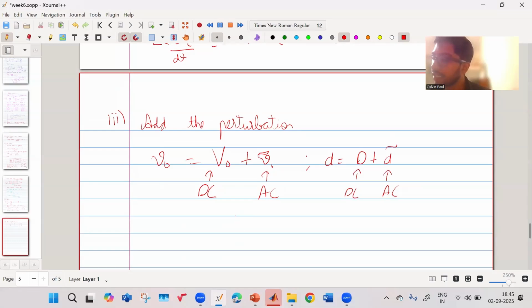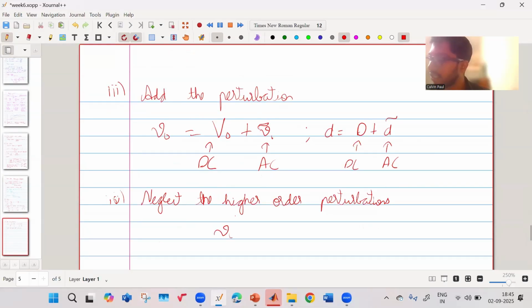Then you neglect the higher order perturbations. That is, V output tilde into D is fine, plus V output into D perturbation is fine.